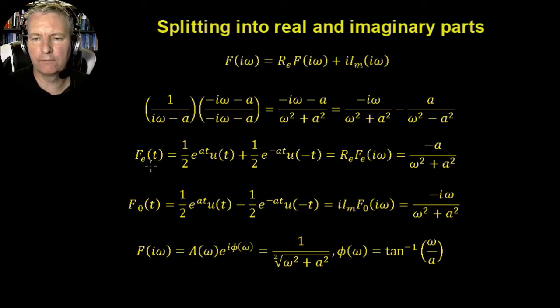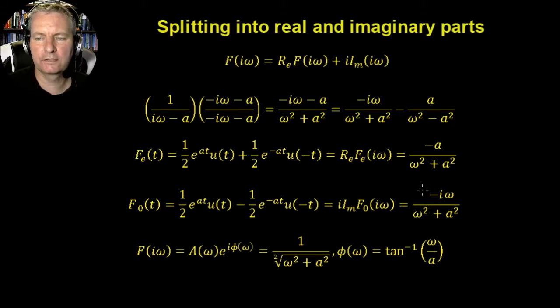That's the even function of our e to the at u of t, and its Fourier transform is minus a upon omega squared plus a squared. The purely odd part of the function of time is given by this function, the imaginary odd part, and its Fourier transform is minus i omega upon omega squared plus a squared.